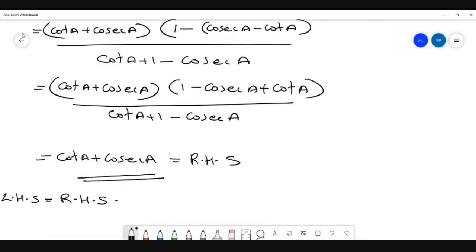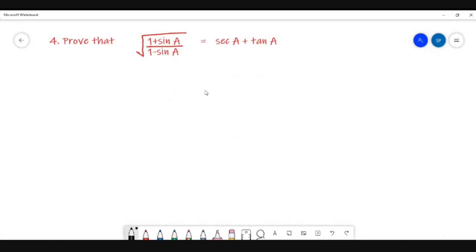Okay. Now we have the fourth question: prove that root of 1 plus sin A by 1 minus sin A equal to sec A plus tan A. So these types of expressions can be simplified by multiplying with the conjugate of the denominator. So let us see what is the conjugate of the denominator.